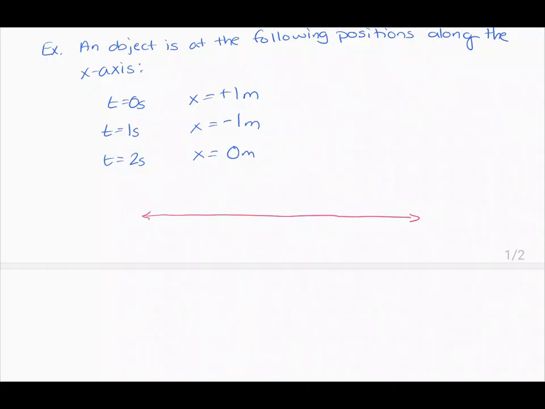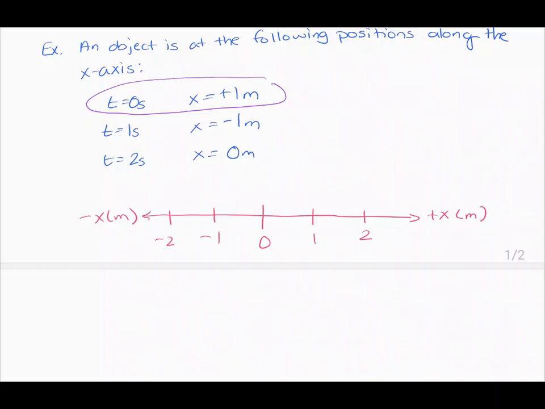So I'm only going between +1 and -1. So I'm going to make this 0 and then 1 and 2 and -1 and -2. This is my positive x direction in meters. This is my negative x direction in meters. So what I'm going to do is identify each of these points and assign some variables to them. So at t equals 0 seconds, I am at a position of 1 meter.